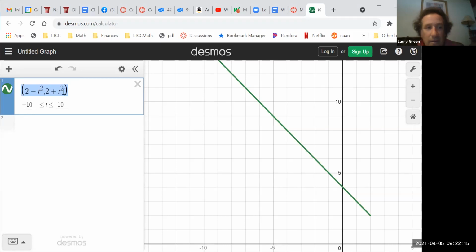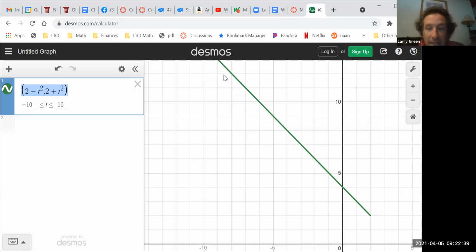Okay, but you can imagine if we're starting at 0 and then letting t increase, then x goes down and y goes up. Does that make sense? So that means we're going to start here, and then we're going to move up left.